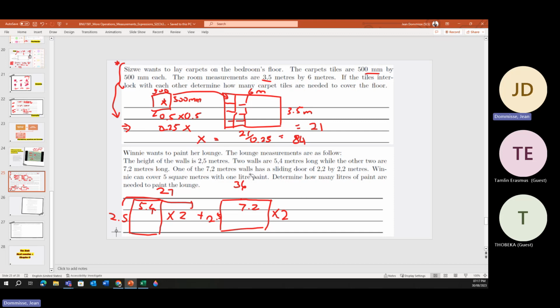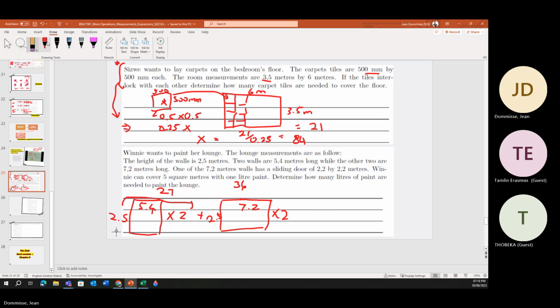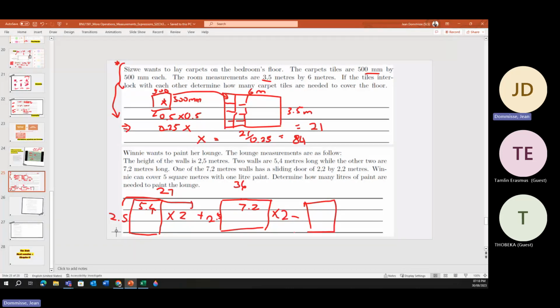So let's see what they are also telling us. One of the 7.2 meter walls has a sliding door of 2.2 by 2.2. Okay, so we will need to subtract that.